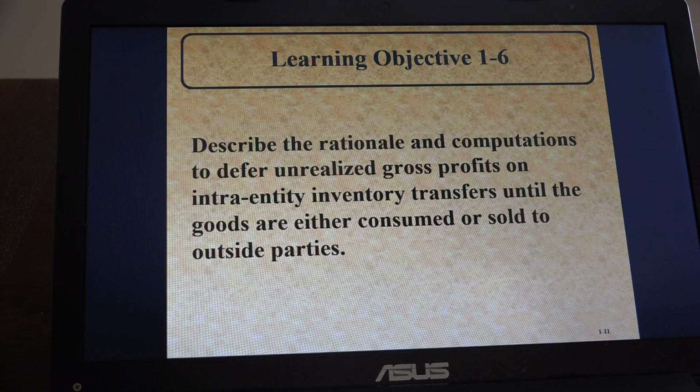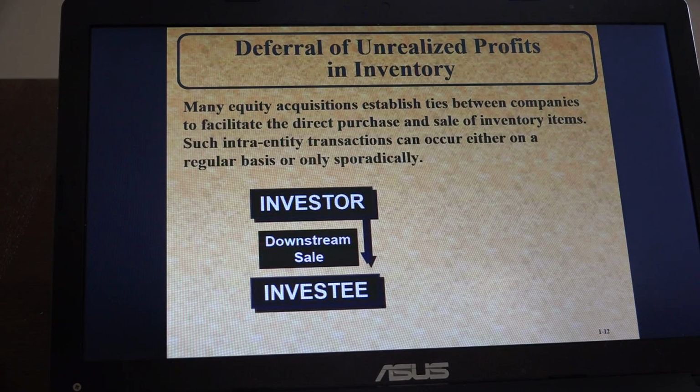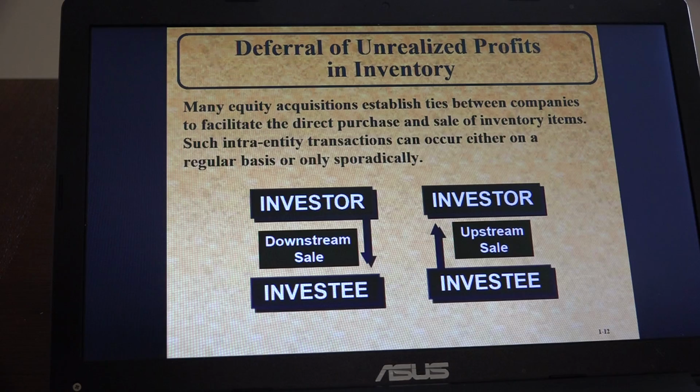So here's your example where investor selling to the investee is downstream, and investee selling to the investor is upstream.